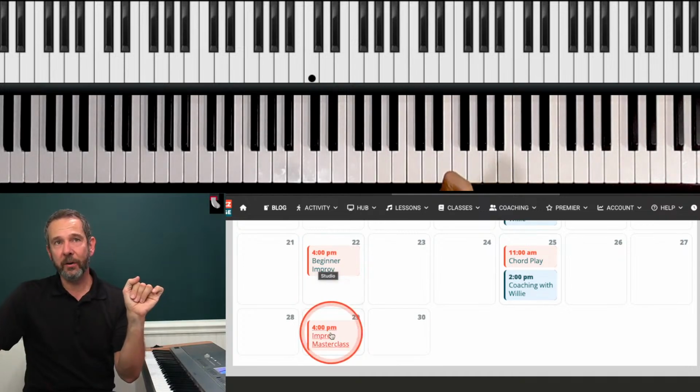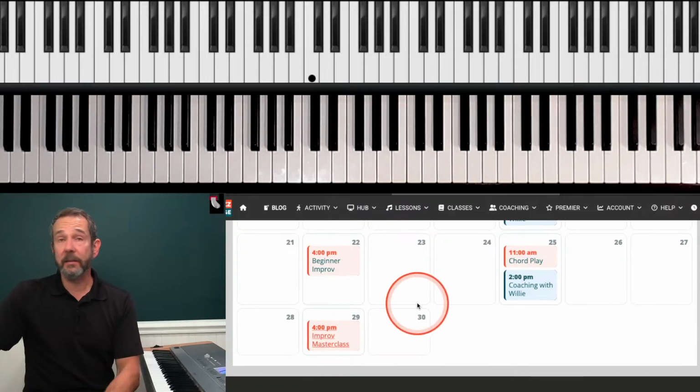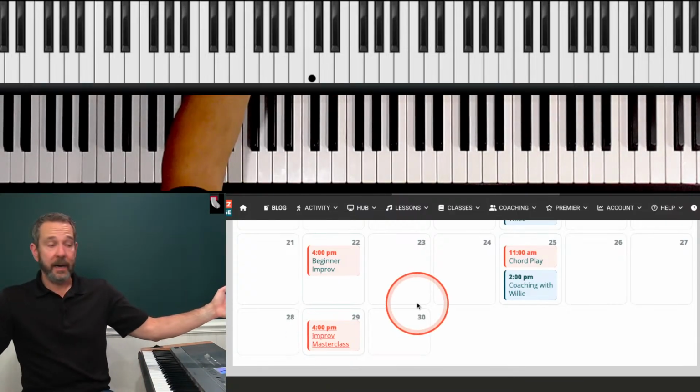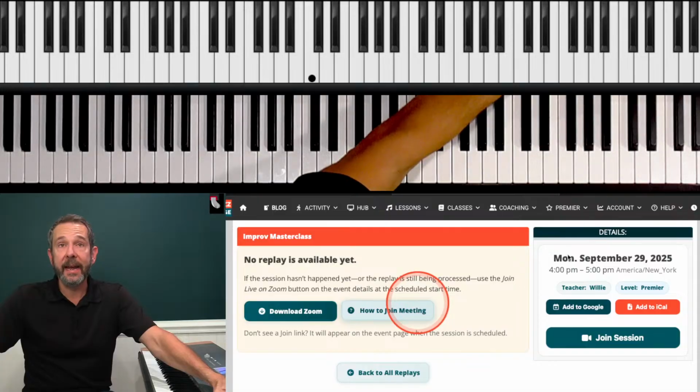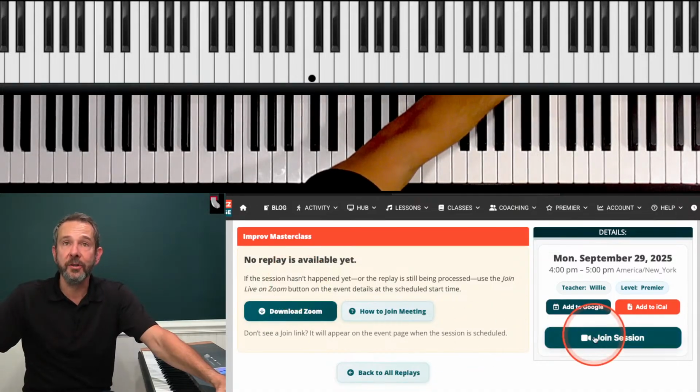Right, so that lets you know that that's a Premiere and that's a Studio level. So all you would end up doing is literally just going into that event page, and then you would simply go to join session. Right, no replay is available because there's no replay yet. So you just join session, and if you want, you can add it to your calendar or iCal as well, and this lets you know who's teaching it and what level it is.